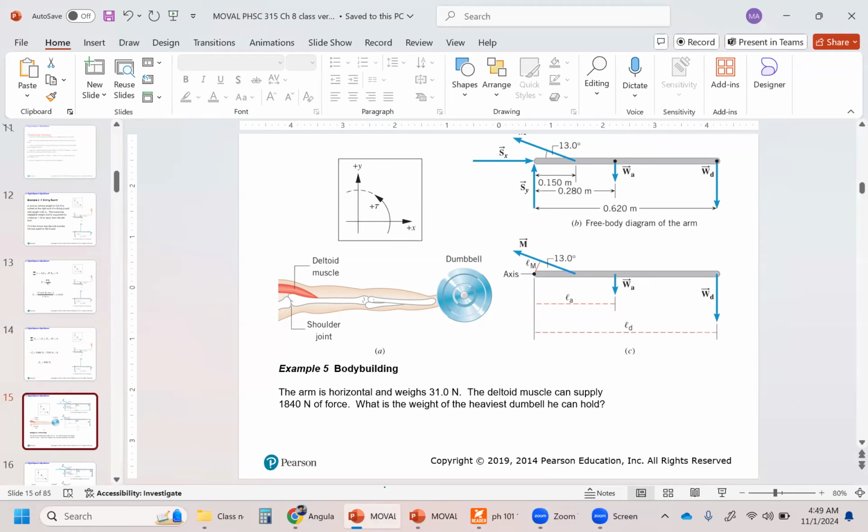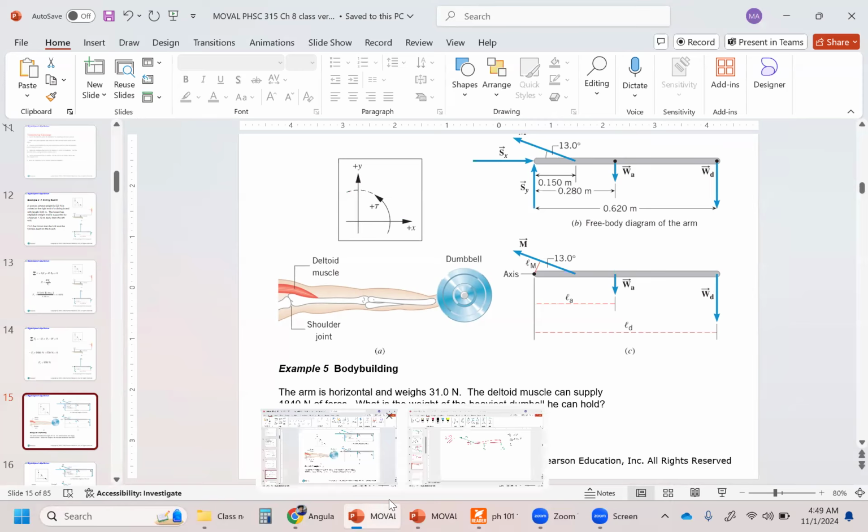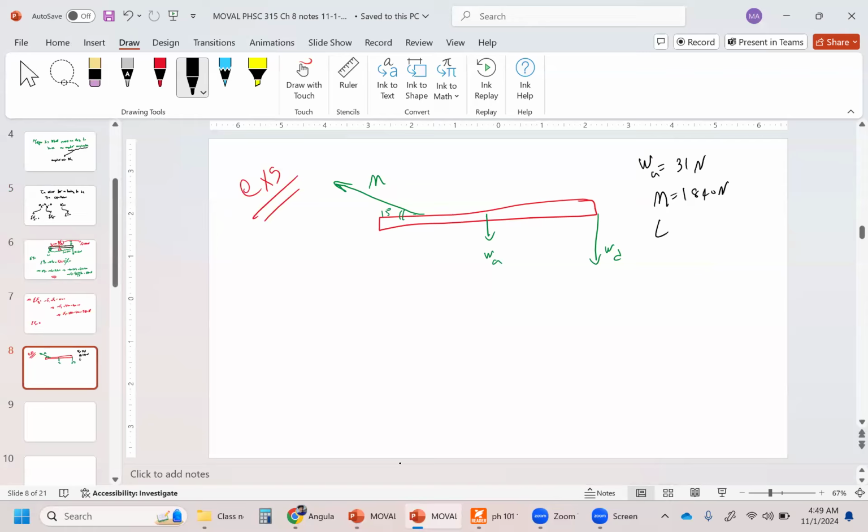The length of the arm is 0.28. The length of the dumbbell is 0.62. And the length for the mass is going to be 0.15.